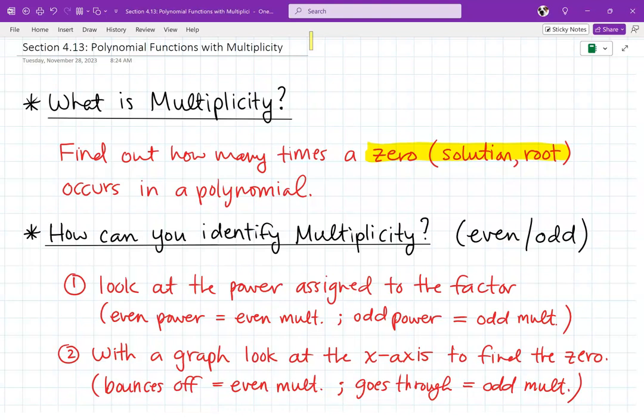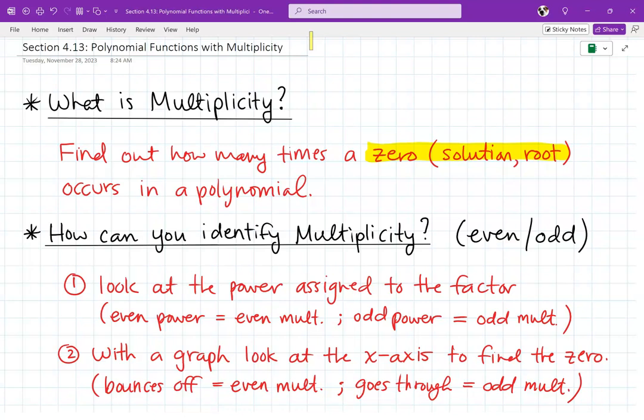So again, the point of multiplicity is to figure out how many answers a polynomial has. It could have even or odd multiplicity. If you're factoring, you look at the powers of those factors, and that tells you what kind of multiplicity you have. If you're graphing, you look to see if it crosses through or bounces off.